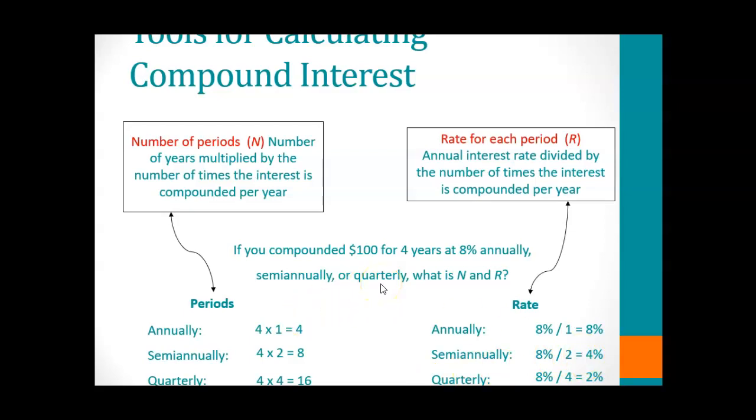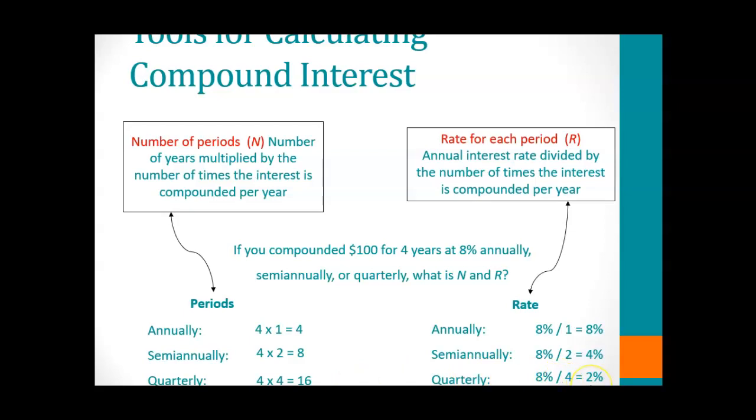Now, if quarterly, there are 4 interest compounding periods per year times 4 years, so a total of 16 interest payment periods. However, the interest rate is going to be 2% per period because, again, the 8% is the annual interest rate, the rate for an entire year, and we're going to calculate interest quarterly, or every 3 months.